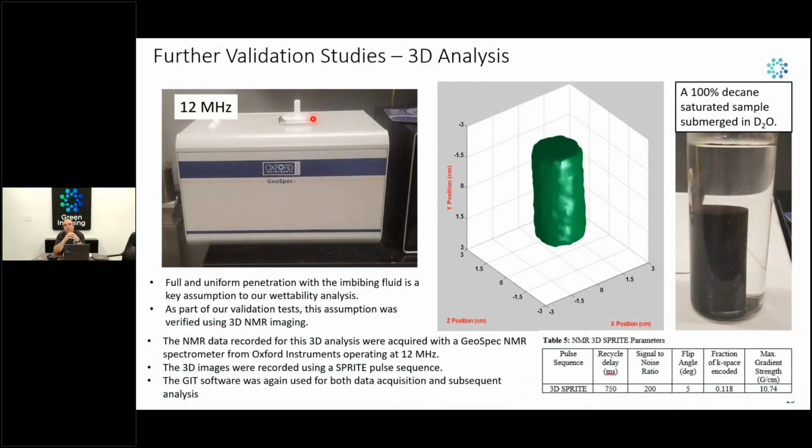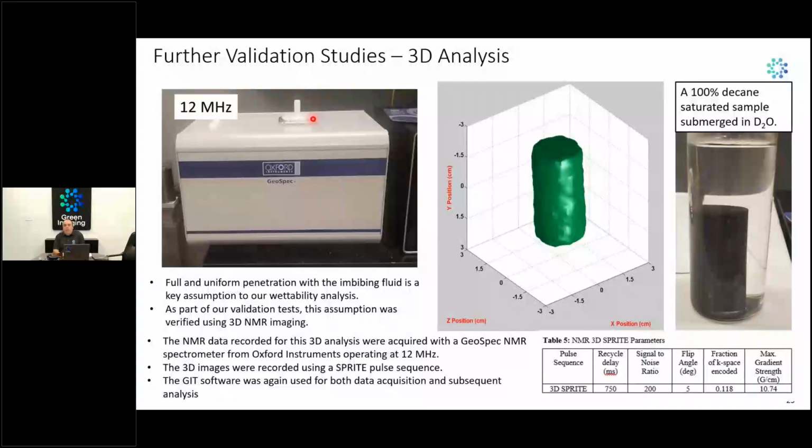Because our T2 measurement is a bulk measurement, we wanted to make sure that the imbibing fluid is penetrating the samples fully, so that our bulk measurement is a true measurement of what is going on entirely in the rock, and isn't just what's happening near the surface, while what's going on in the very middle of the rock isn't reflected by the T2 data.